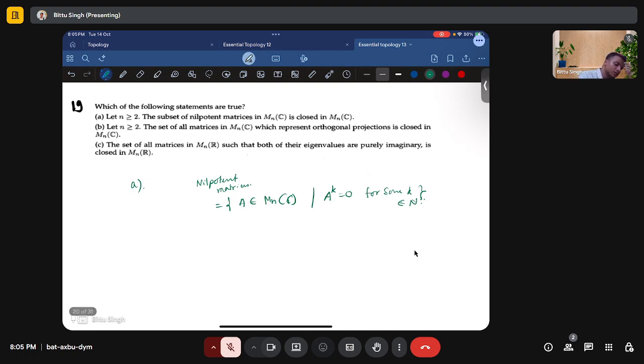Something is not nilpotent means there exists a neighborhood which is okay.